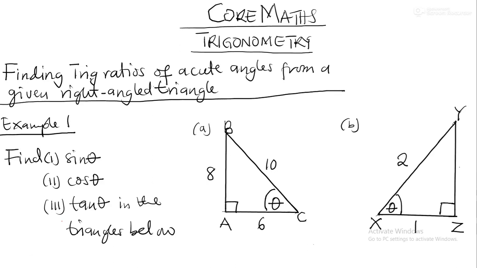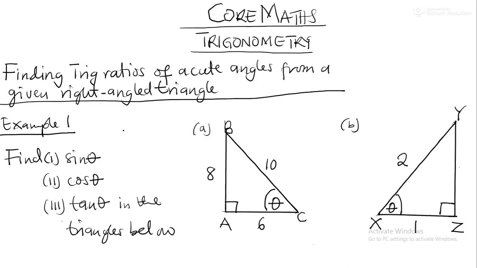So finding trig ratio. So trigonometry or trigonometric ratio can be shortened as trig. So finding trig ratios of acute angles from a given right-angled triangle. So when we are given a right-angled triangle and we are asked to find the trig ratios of an acute angle, how are we going to do that?